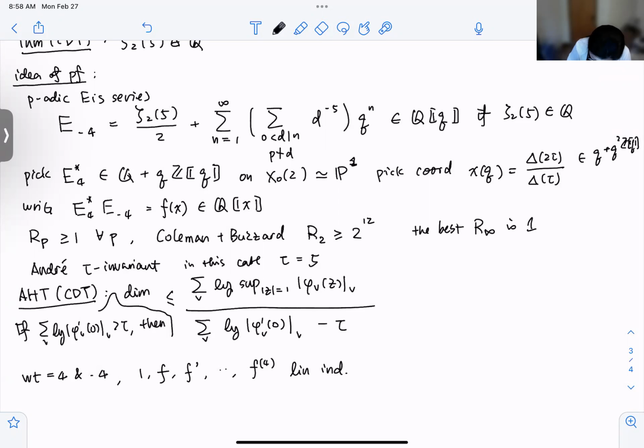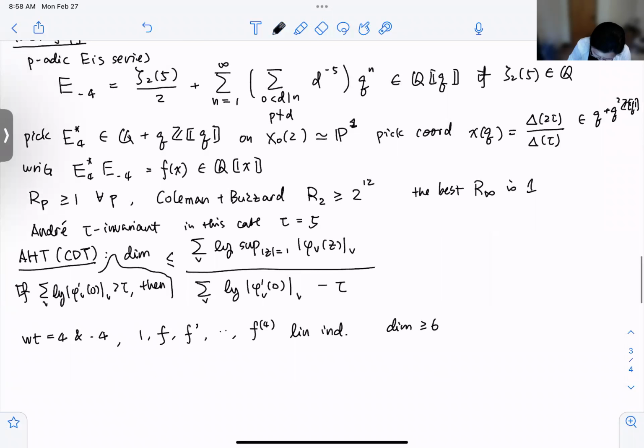And on the other hand, so this is the lower bound. So we know that the dimension would be at least 6. On the other hand, let me just draw a picture without giving you the precise number. Of course, we're not going to take the total Q expansion, because then this part will just blow off. That's too big.